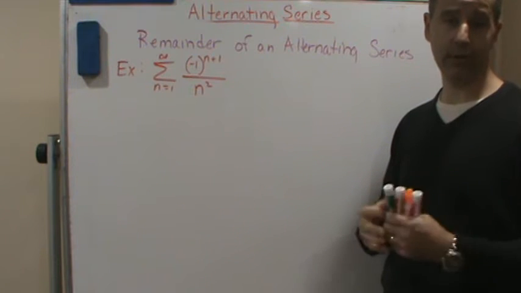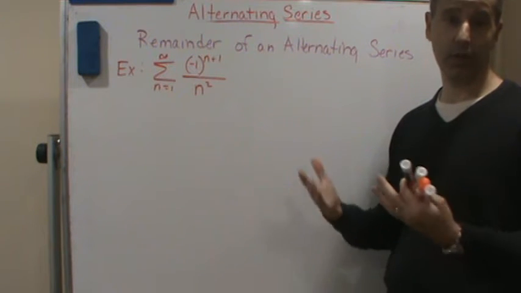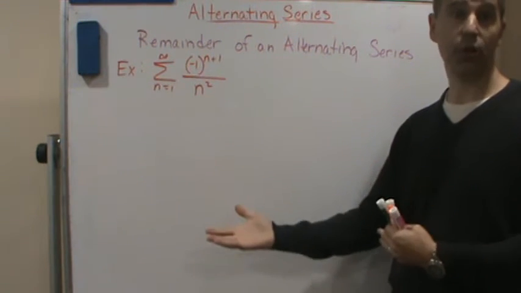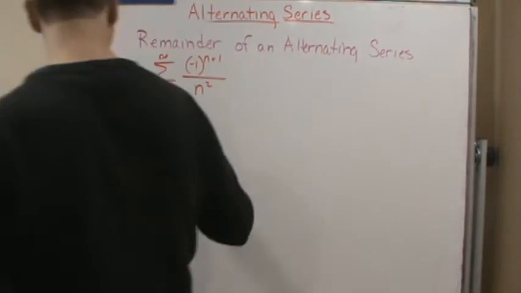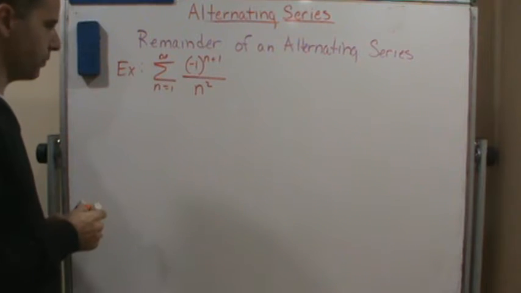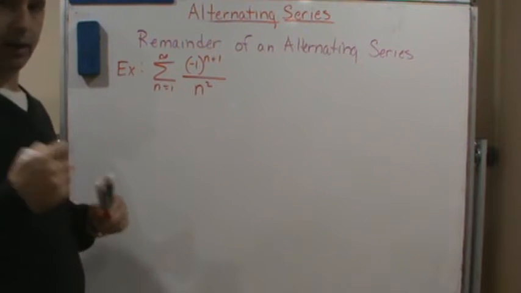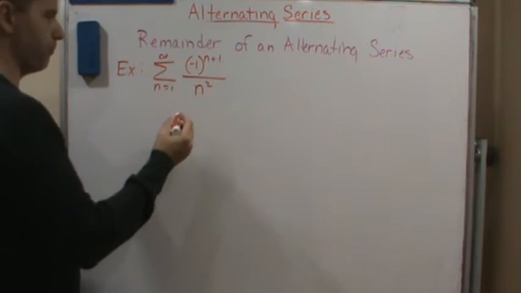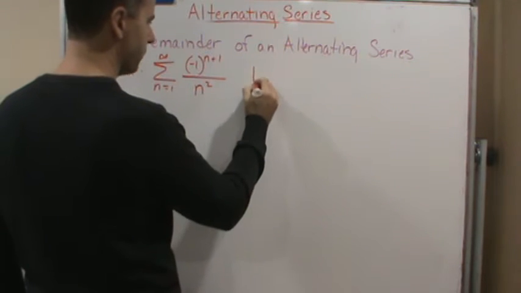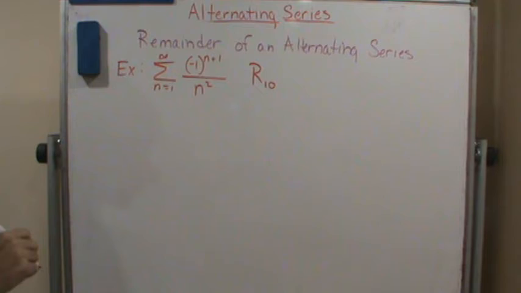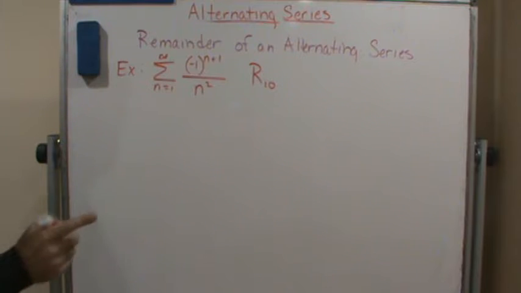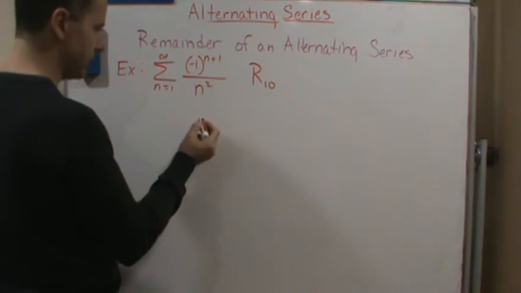And of course, what's the upper bound going to be? Well, it's going to just be the next term, right? So it's very straightforward. But nonetheless, what we want to do here in this case is we want to find the error. So we want to find r sub 10, the bound on r sub 10 for when we find the partial sum s sub 10.